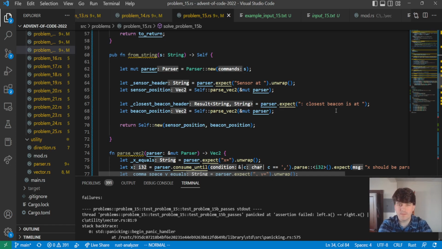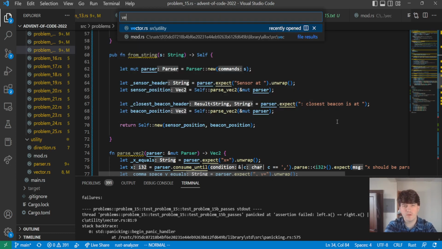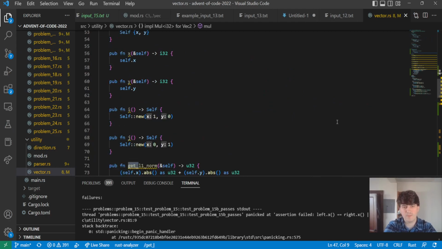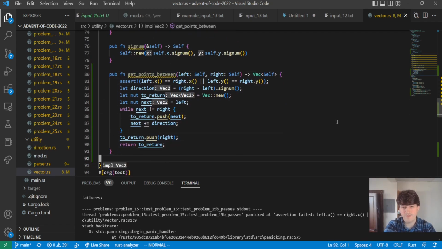Right. Okay. So I guess we need to update. So the problem is that our vector get points between is failing because they're not horizontal lines, they are diagonal lines.